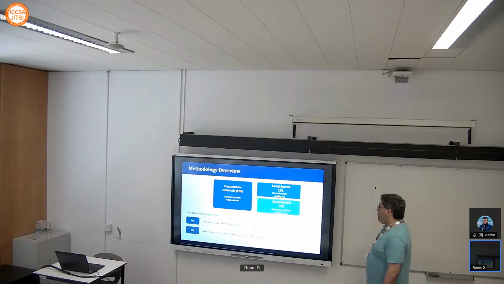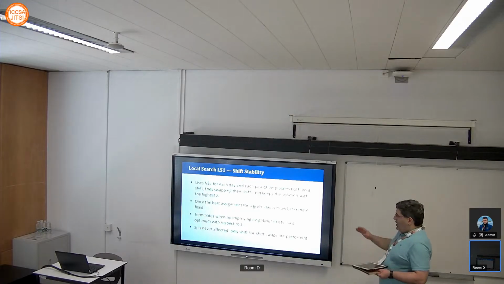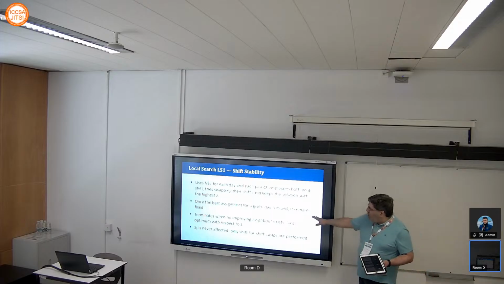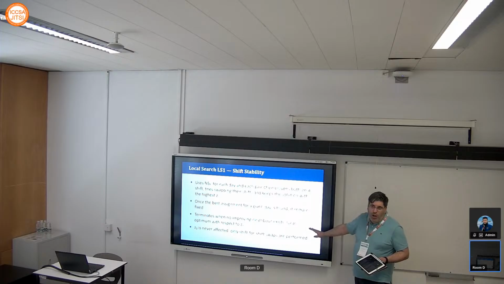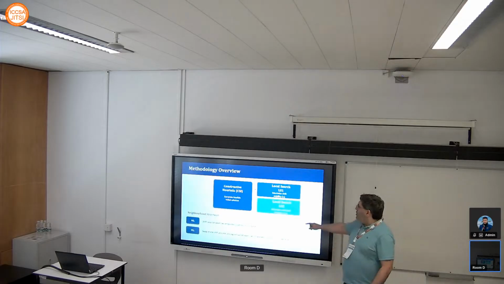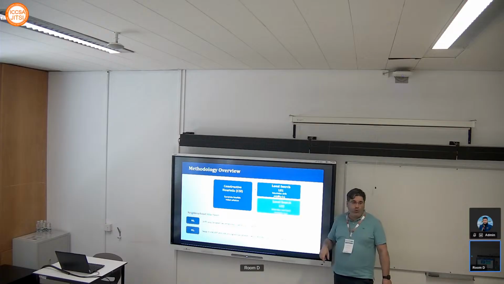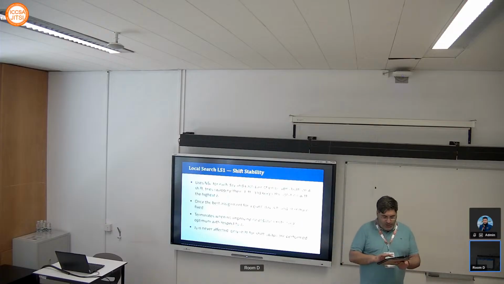Okay. And at this point, as I said to you, we'll have a local optimum considering the objective function Z1 for LS1 and the objective function Z2 for the second case.